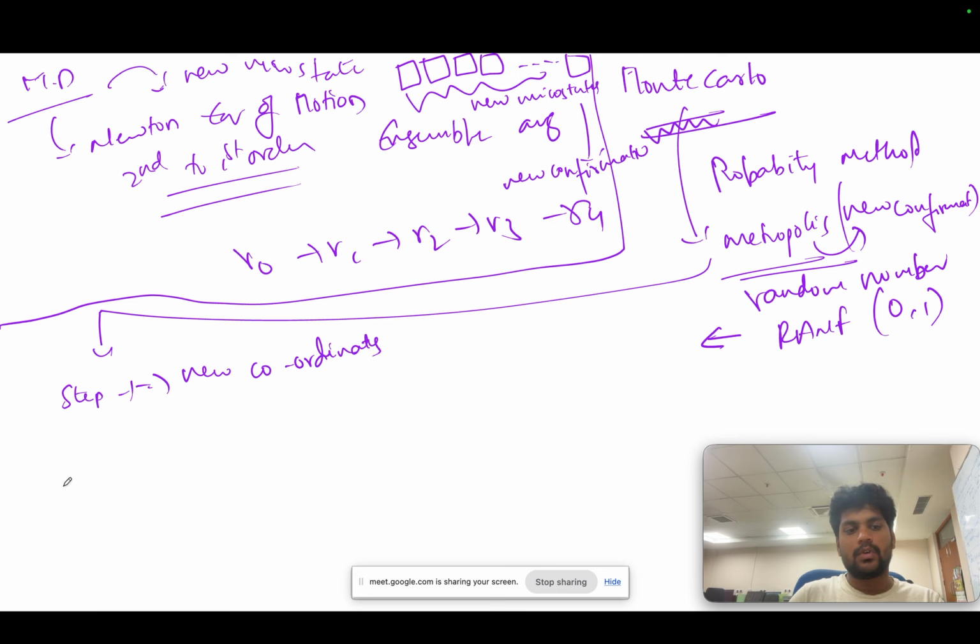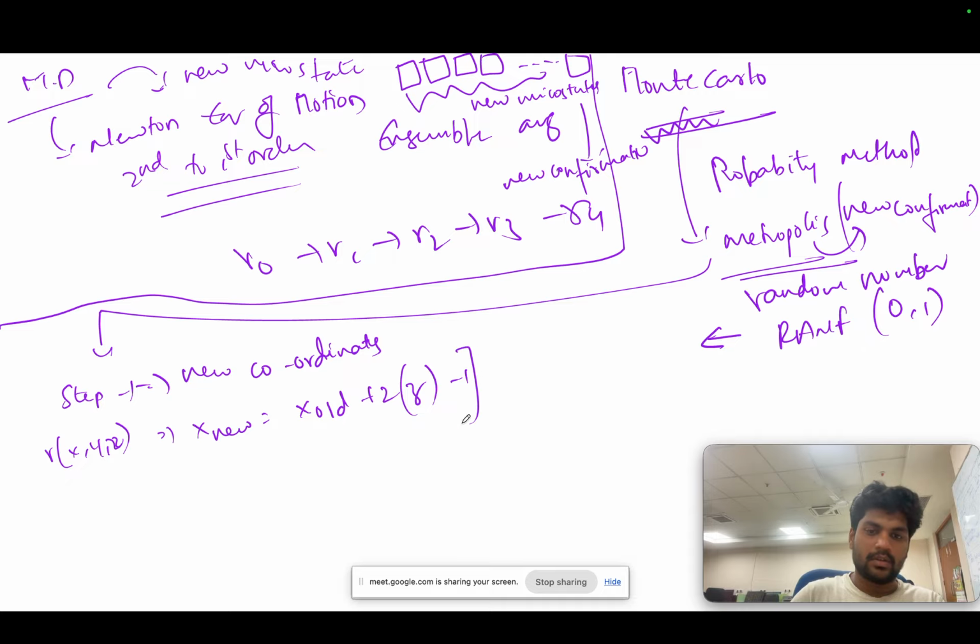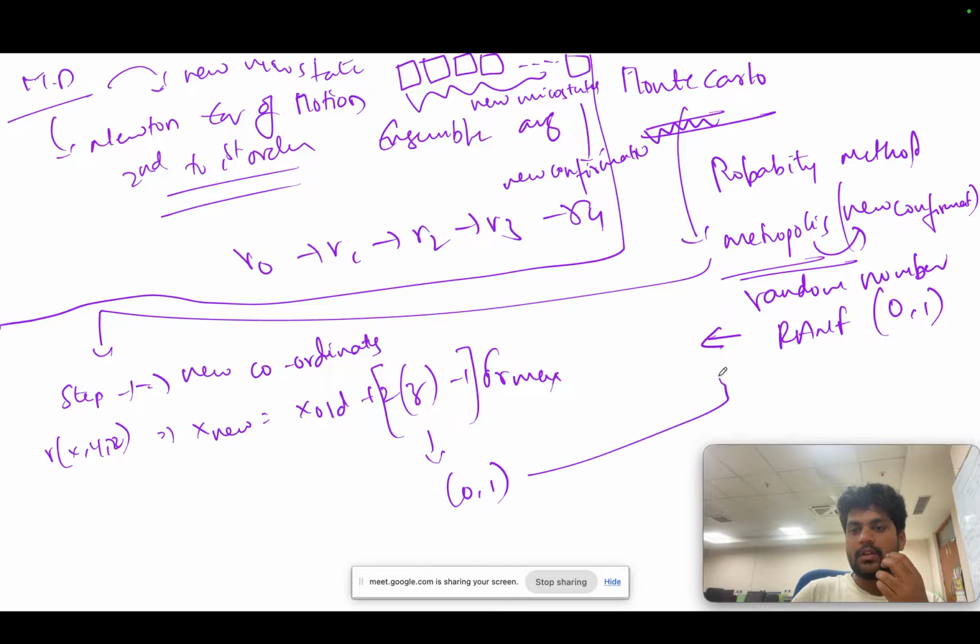Suppose you have drawn some structure and you got x, y, z. Now you will get x new using x old plus 2 times zeta minus 1 times the maximum displacement, R max. Now zeta is nothing but the random function which assigns a random value.